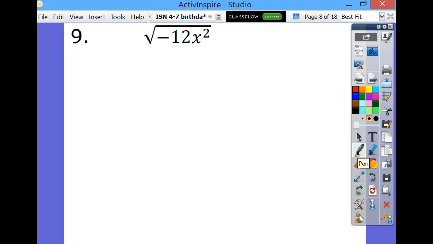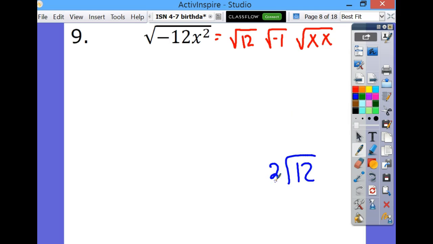9 is the next one I'm going to do. So this is going to equal 12 times negative 1 times x squared. So the first thing I'm going to do is a birthday cake on the 12. 2 will go into 12, 2 will go into 6, and then 3 will go into 3. The reason I do the birthday cake is to find the pairs.